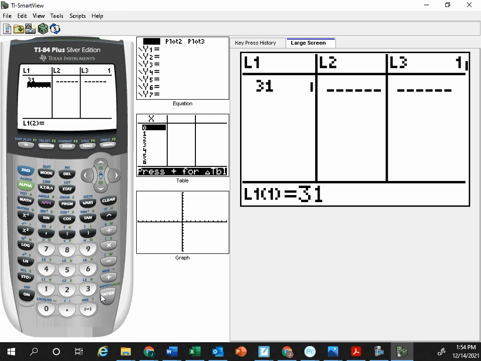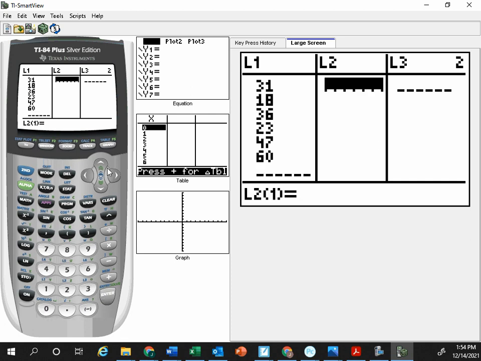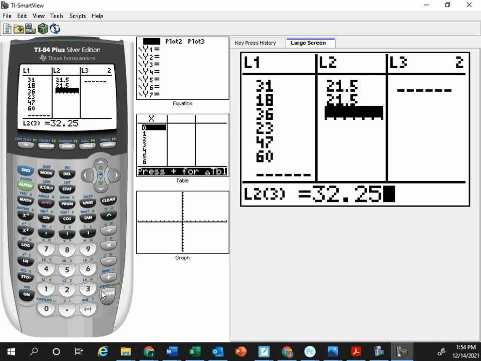So that was 31, 18, 36, 23, 47, 60. And then list two, we put our expected. So 21.5, 32.25.